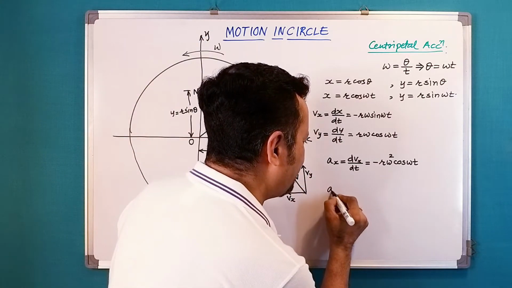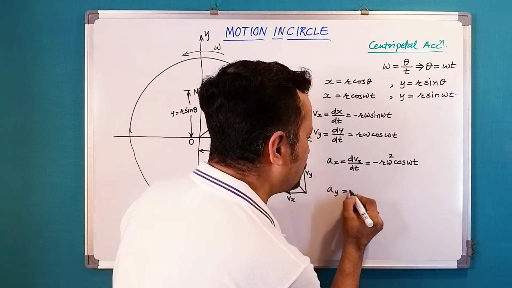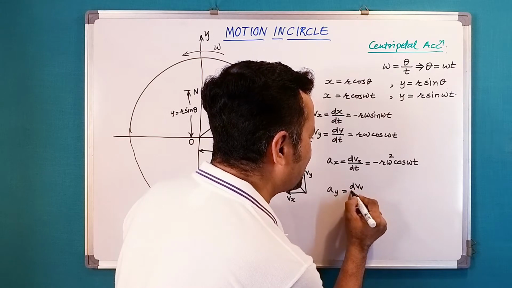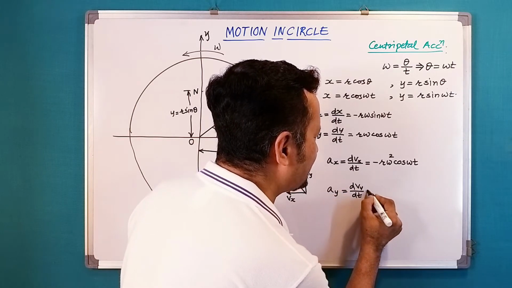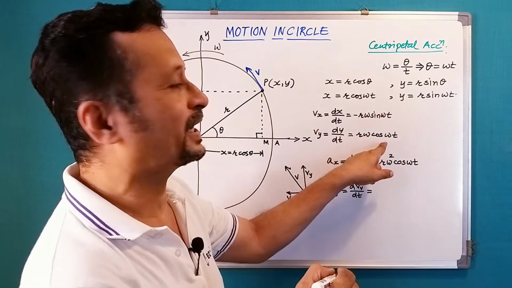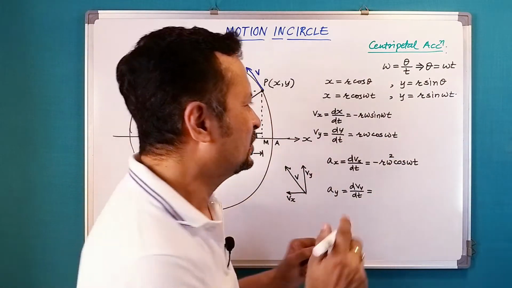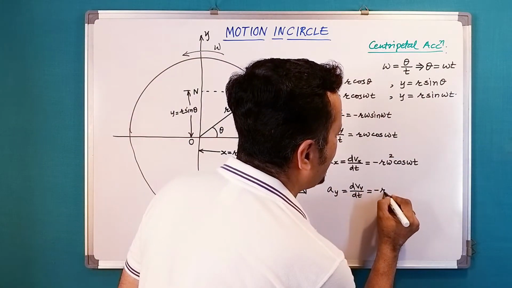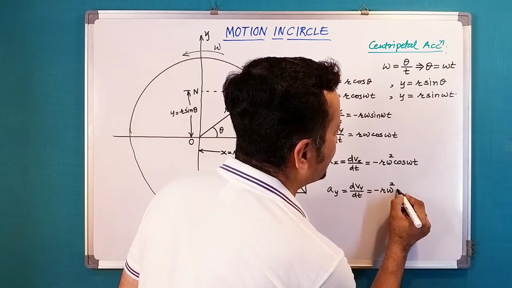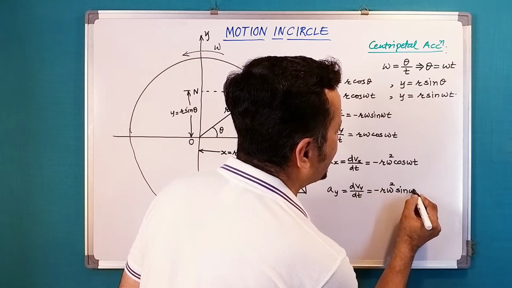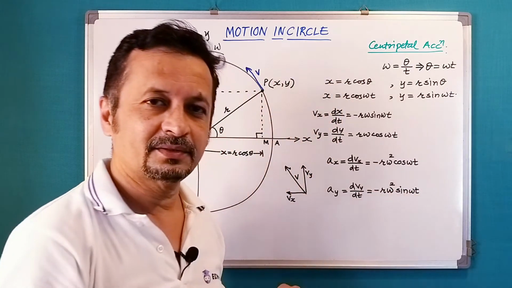Similarly, my ay is equal to dVy by dt, and since here it is cosine, the derivative of cos is minus sine, so it becomes minus r omega square sin omega t, isn't it?